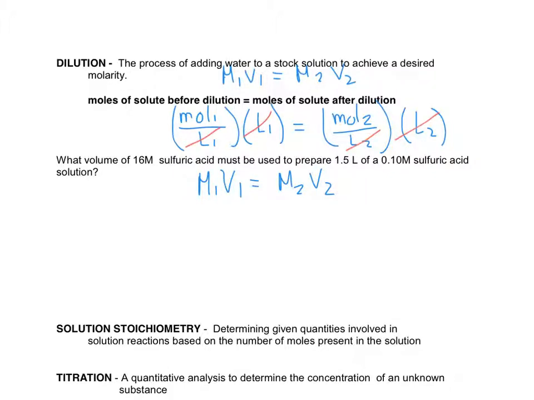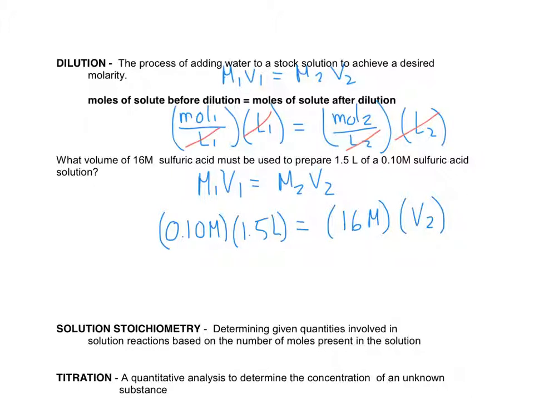So M1 is going to be 10th molar. V1 is 1.5 liters, M2 is 16 molar, and V2 is the volume of the 16 molar that we are trying to find. If you plug it into your calculator, you get V2 is equal to 0.0094 liters.